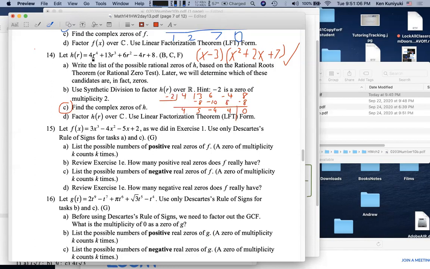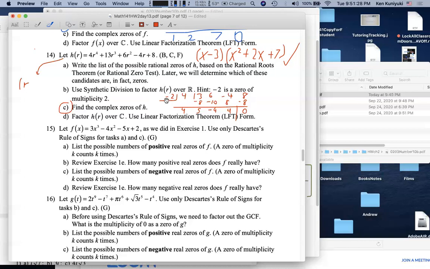Okay, so when you factor this thing, you're going to get, oh, -2 is a zero. Okay, -2 is a zero, right? Because h of -2 is 0, right? We have 0 here.